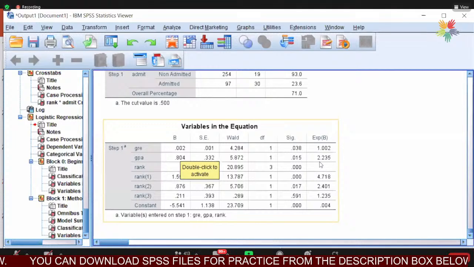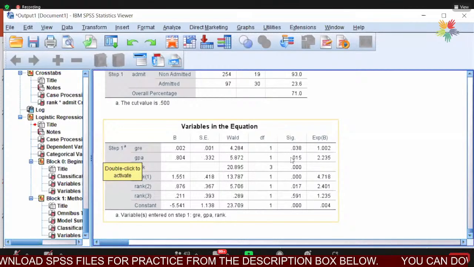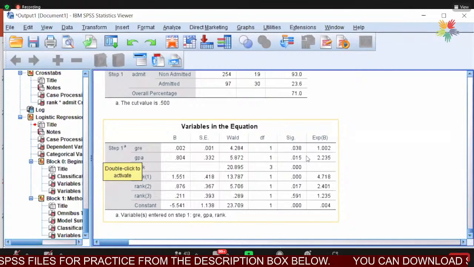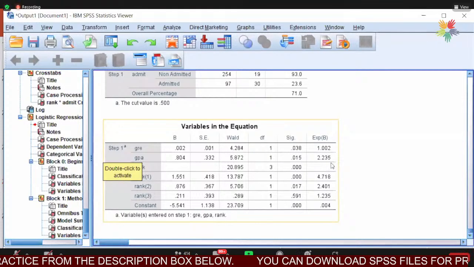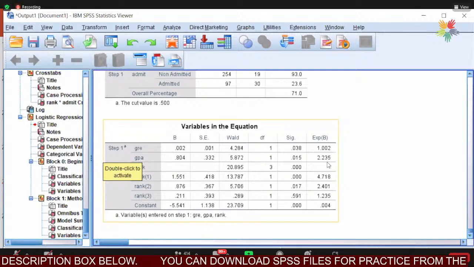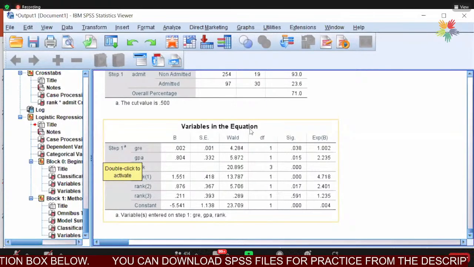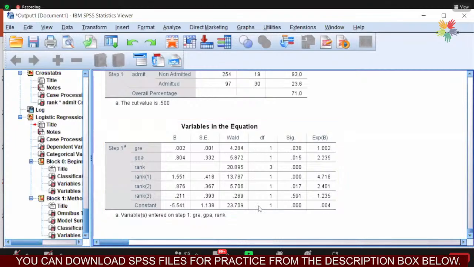This one is when my cumulative cut percentage increases by 1, the odds of getting admission will improve 2.235 times.